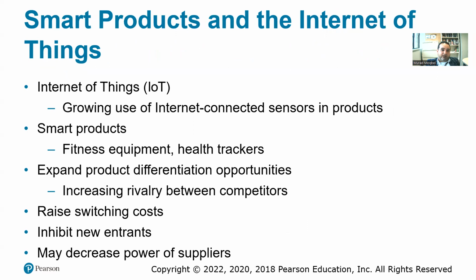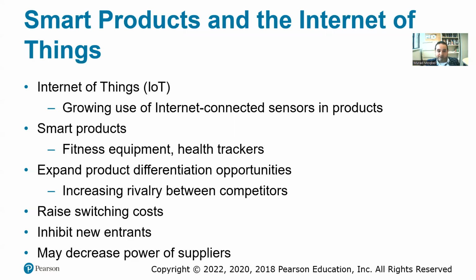So smart products and Internet of Things. Internet of Things and smart products can add competitive advantage to your firm, because when you invest in those technologies, it can give you a competitive edge over your competitors if they don't have it yet, right? So Internet of Things, what we mean by that is any product that has sensors connected to it.